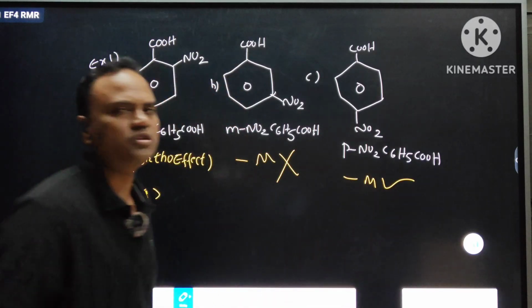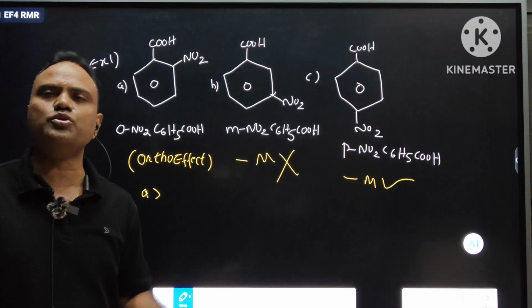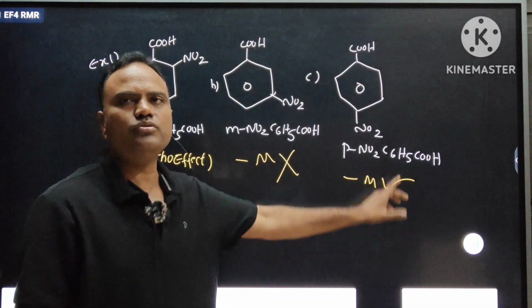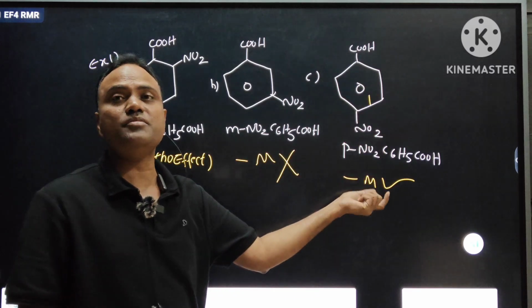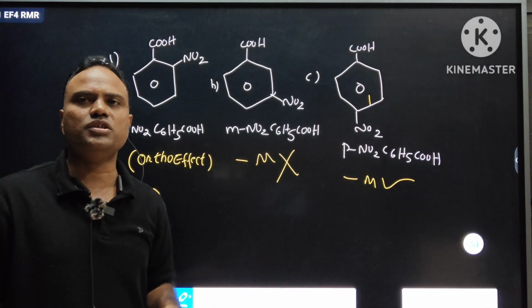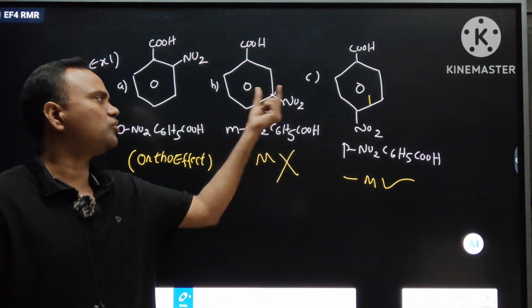Here, is minus M present? Yes, minus M is present because NO2 is in para. In the para position, minus M works. So between these two, this will be more acidic because minus M is present. Minus M groups increase acidic nature. Here minus M is not present because NO2 is in meta.